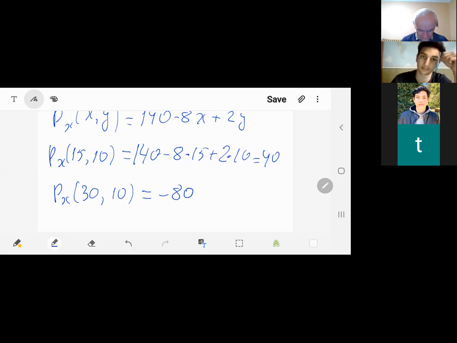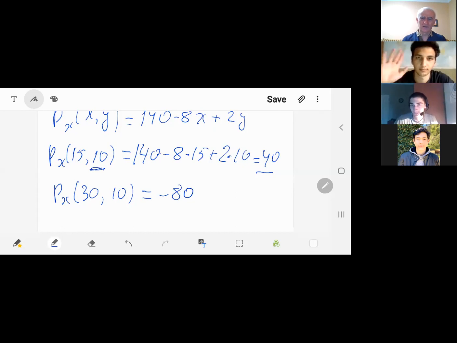This result, 40, when we found the derivative with respect to x, means that when production of dark chocolate is the same, and at the level 15 we increase production of white chocolate, our profit will increase by 40 units.